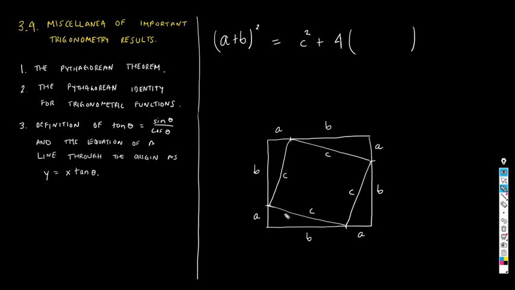And that's going to be base times height over 2. This is the area of a single triangle, and if we multiply by 4, we're taking into account all of them.